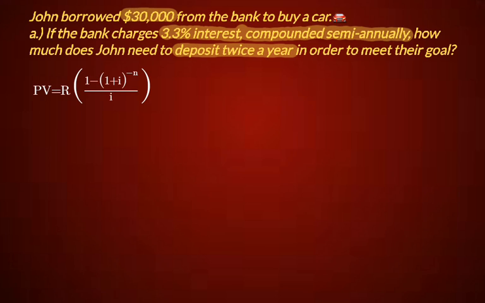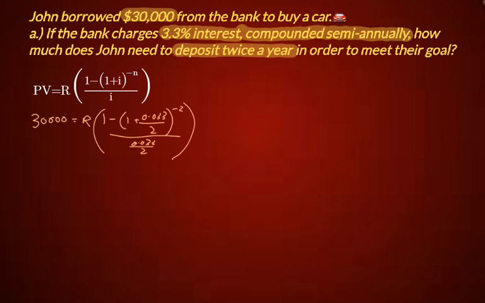In this question, we are provided with the present value, that is $30,000, but we do not have our R. So 30,000 equals R times 1 minus 1 plus 0.033, that is our rate of interest, divided by 2 as it is compounded semi-annually, raised to negative 2, divided by 0.033 over 2.